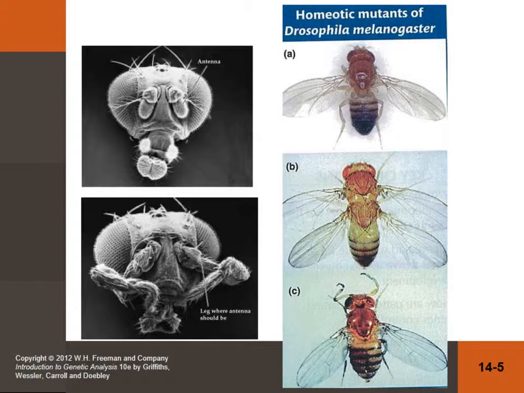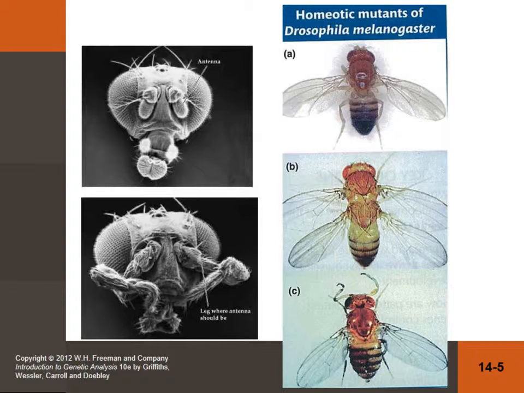Then at the bottom in C, we can see another mutant called the Antennapedia mutant. And if we look at what should be the antennae of this fly, they've actually been transformed into legs.